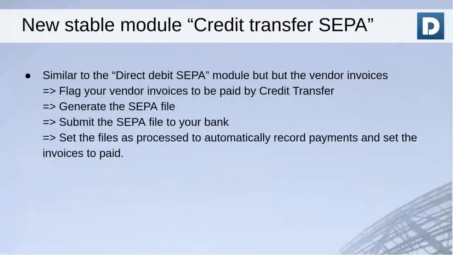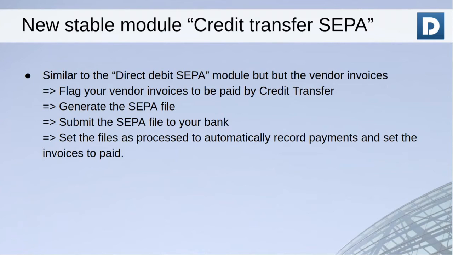Now, I will speak about the new modules we have in Dolibarr. We have a new module to record credit transfer SEPA to make payments using a credit transfer SEPA file. Maybe you already know the direct debit SEPA feature that exists in all versions of Dolibarr.